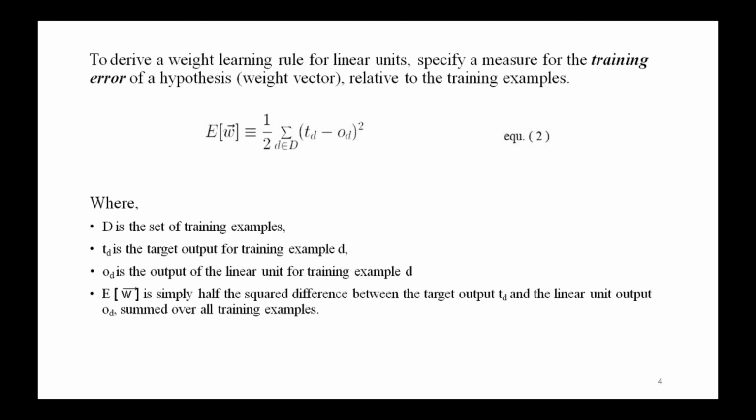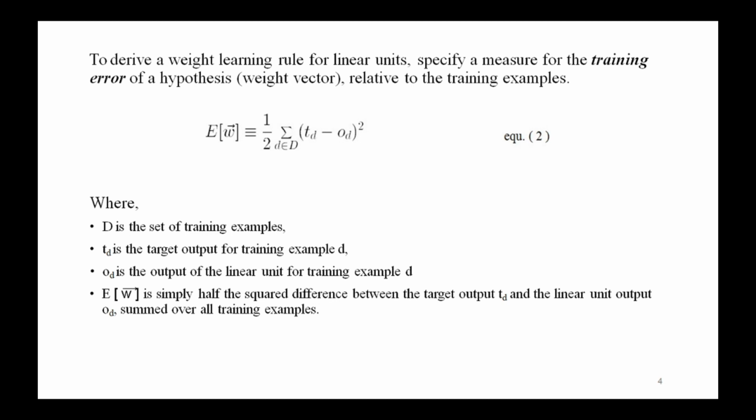By the definition of E of w vector, it is simply half the squared difference between the target output td and the linear unit output od, summed over all the training examples.